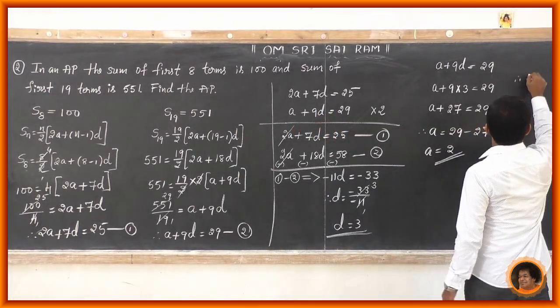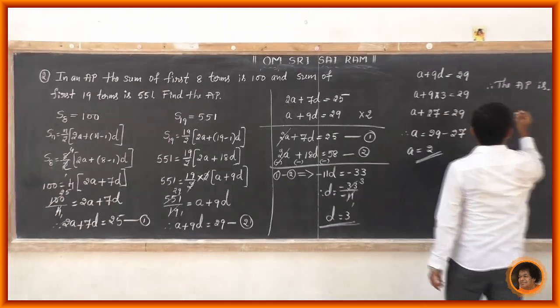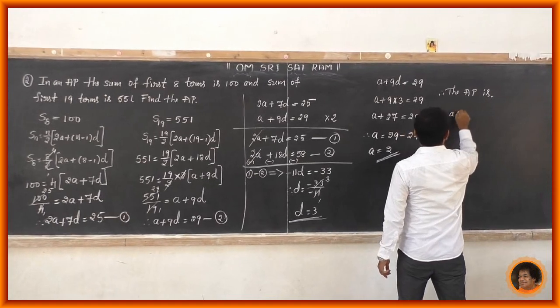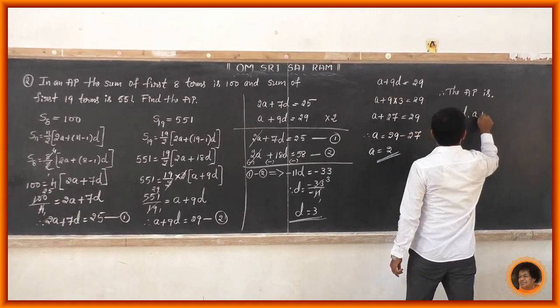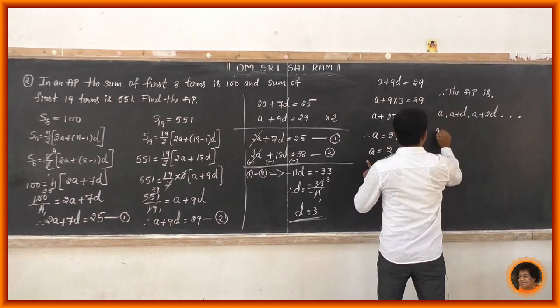Therefore the AP is, general form a, a plus d, a plus 2d, and so on. Now the first term a is 2.